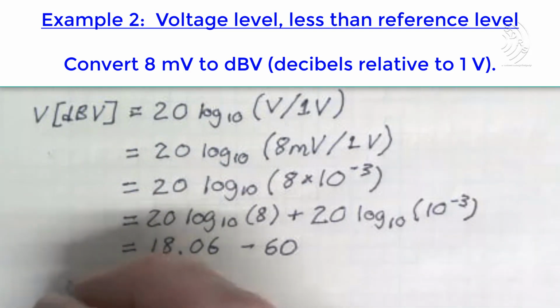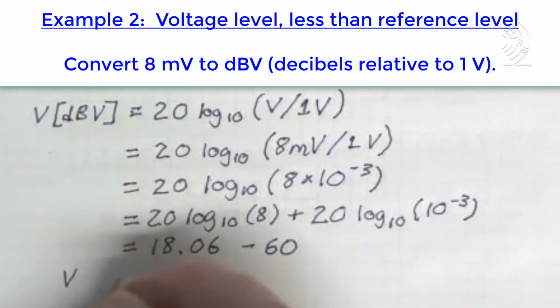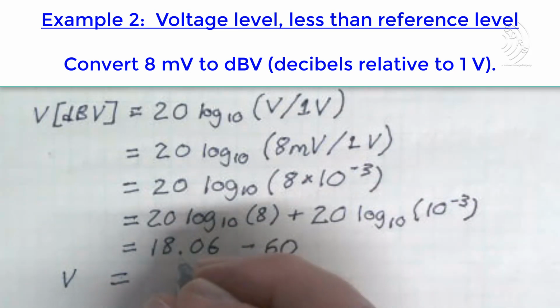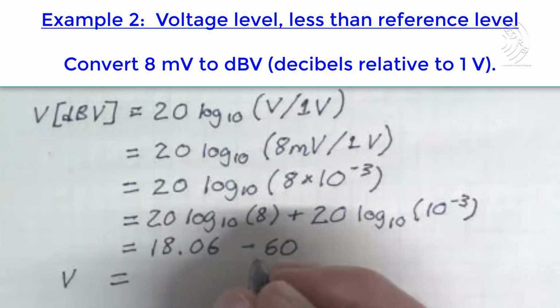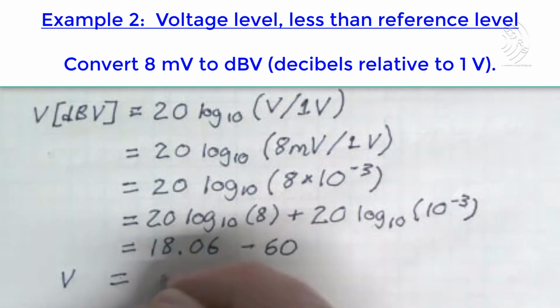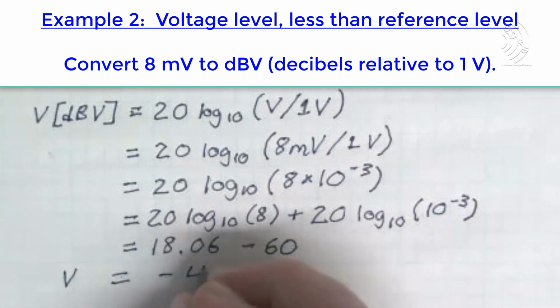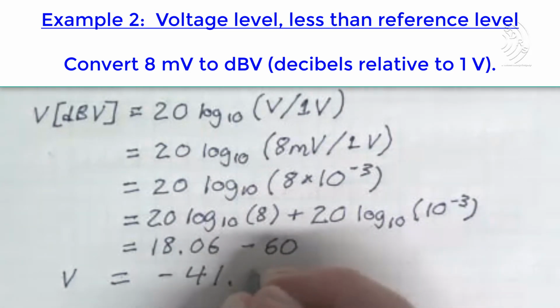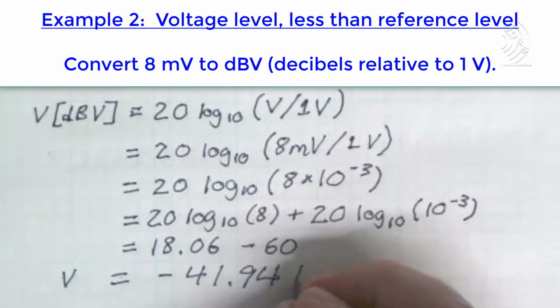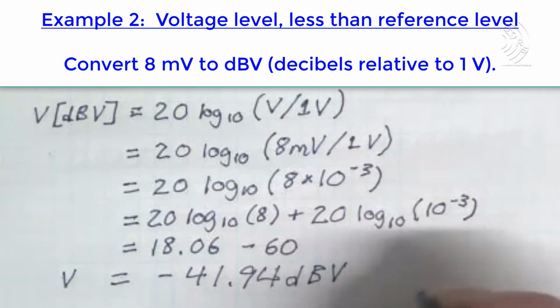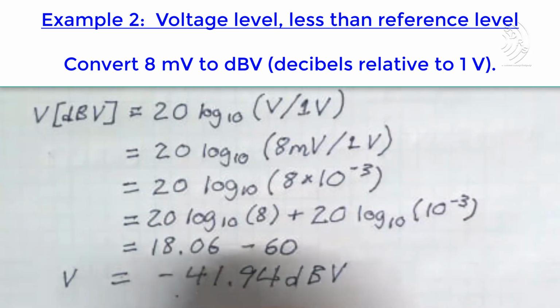And so we can write that V is equal to 18.06 minus 60, or negative 41.94 dB volts, or dBV.